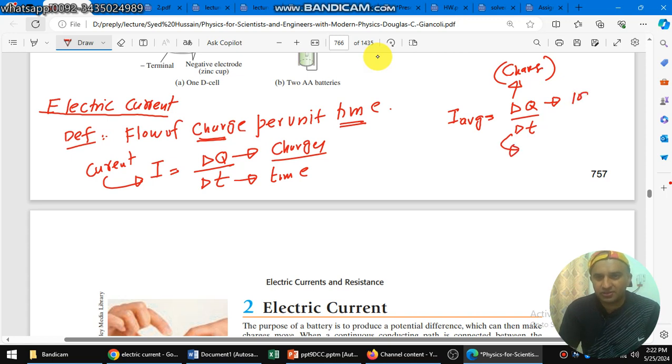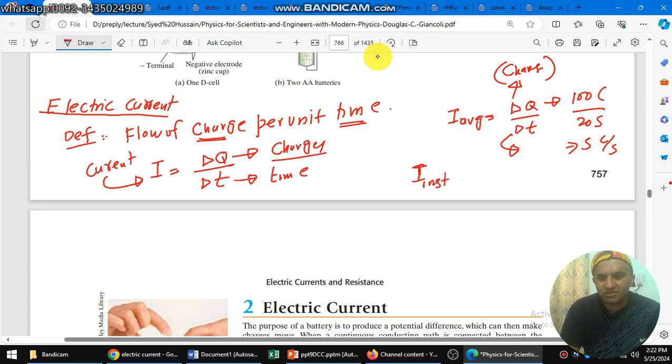For example, if 100 coulombs flow in 20 seconds, then the current is 5 coulombs per second. Another thing is that current can be average, and current can also be instantaneous.